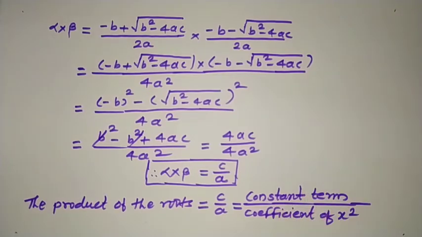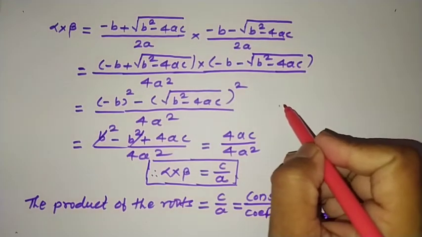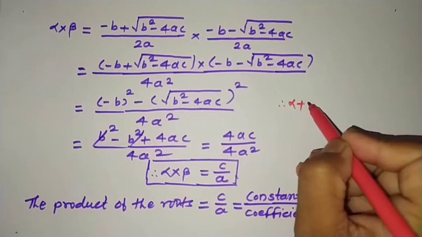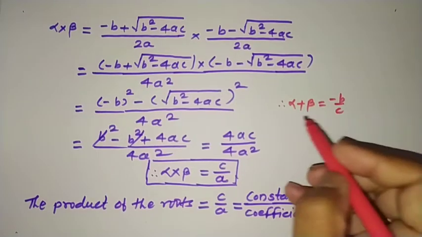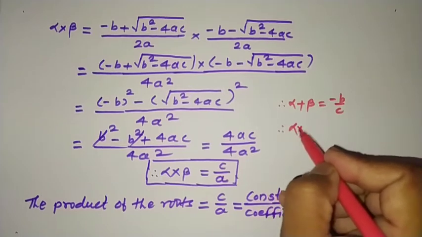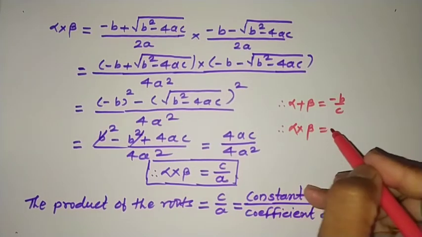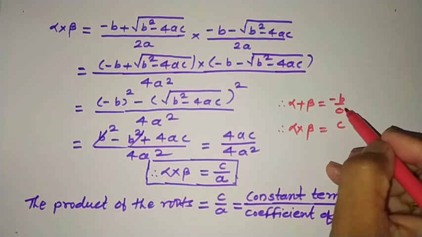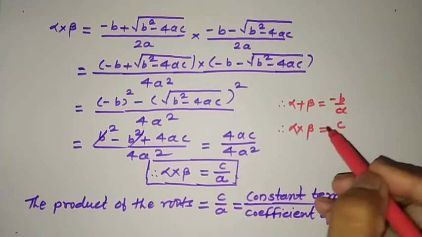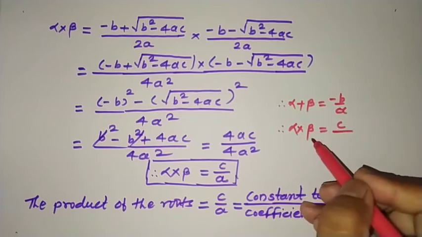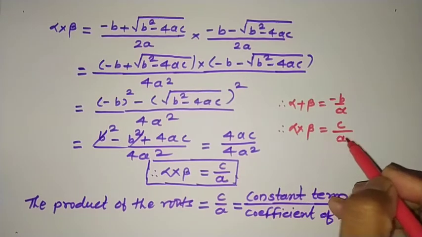The sum of two roots, alpha plus beta, is equal to minus b upon a, and the multiplication of two roots is equal to c upon a.